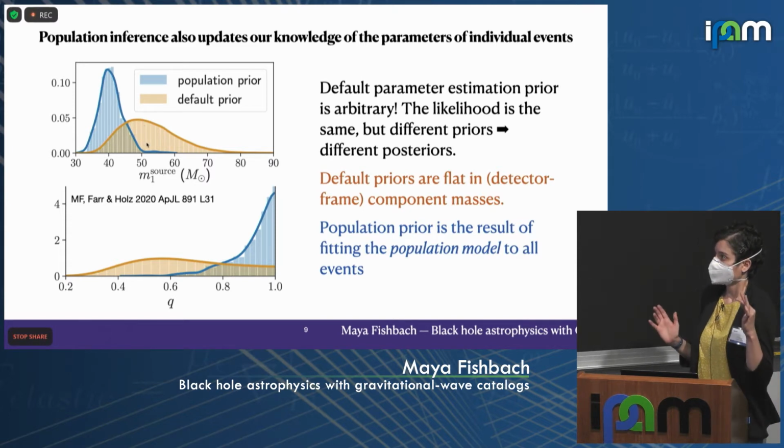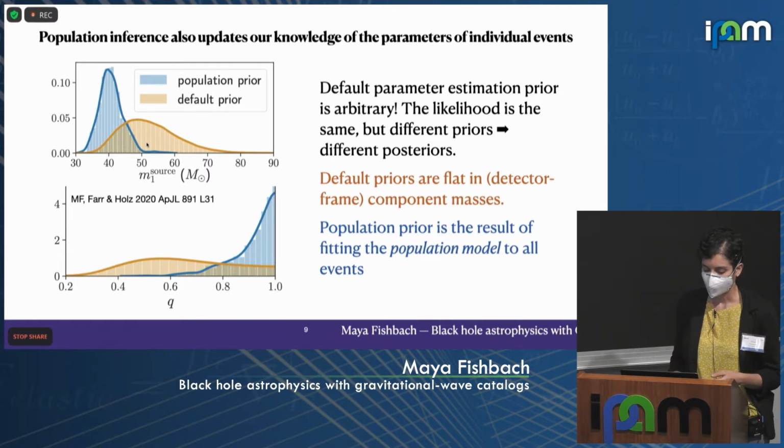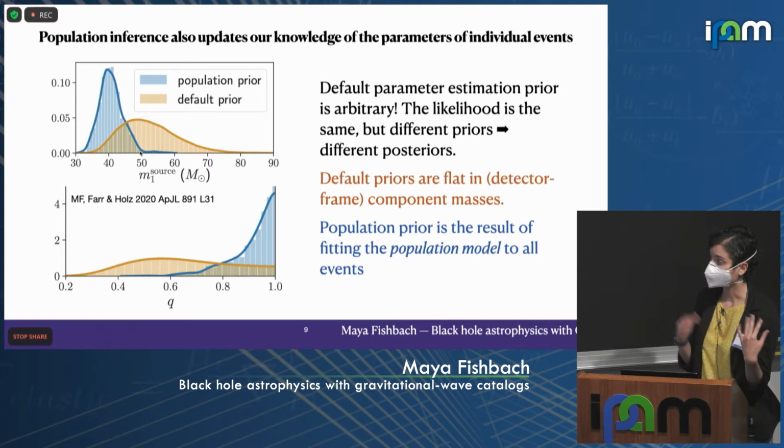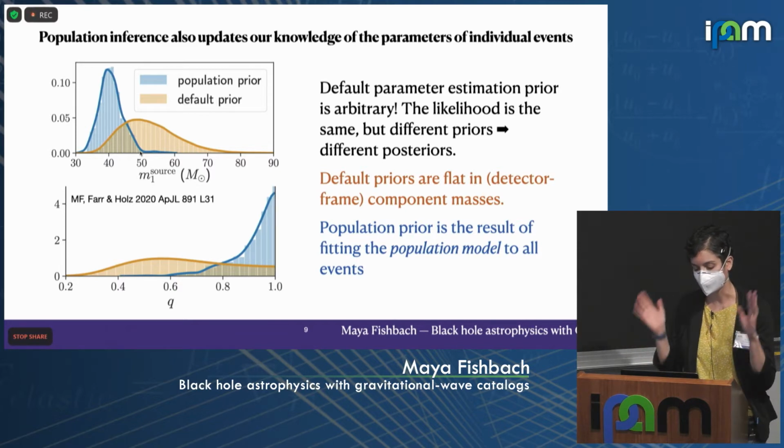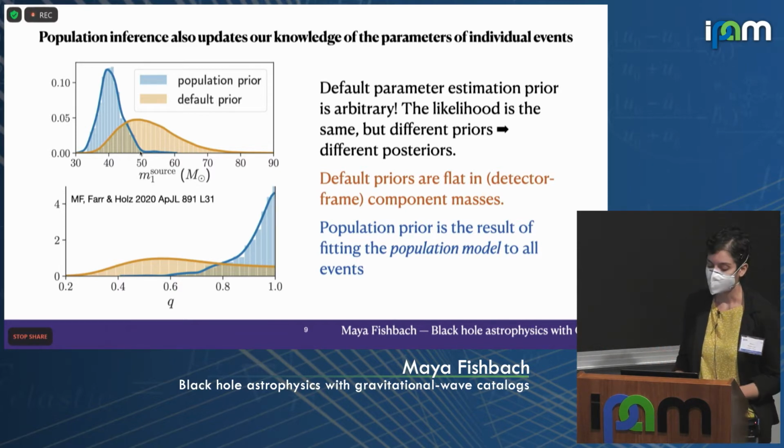But when we simultaneously fit the population, we could see that in the population at the time, there was very strong evidence for a maximum mass cutoff, for a complete absence of black holes above around 40 solar masses. So our updated inference of this event's mass actually is almost definitely below 50 solar masses under that population.